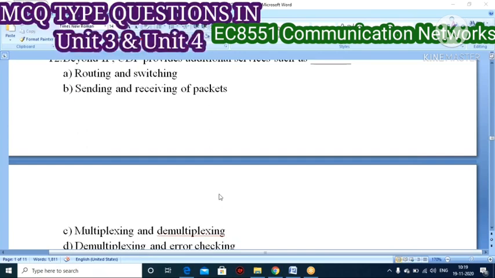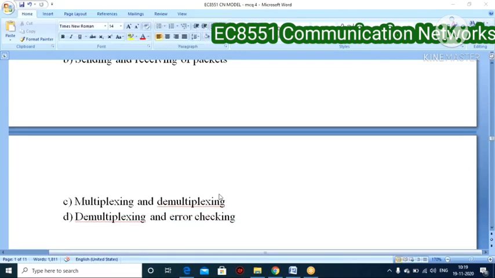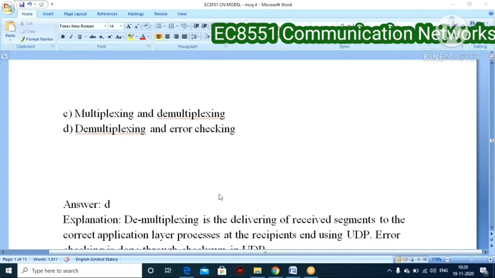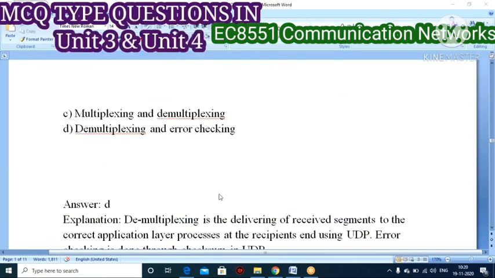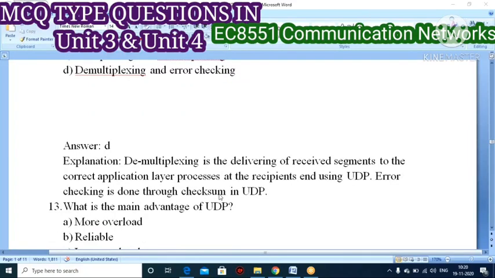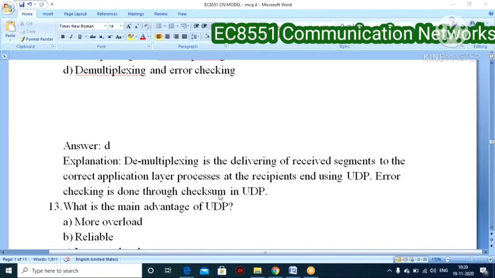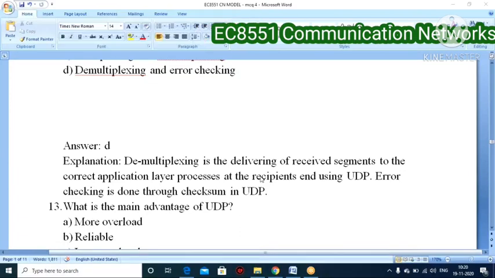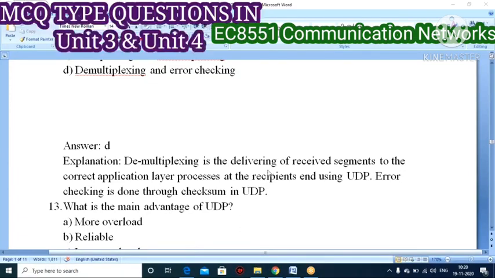Okay, let's check the answer. Option D, demux and error checking. The main concept of demux is delivering the received segment to the correct application layer. So mux is one to many, demux is many to one.